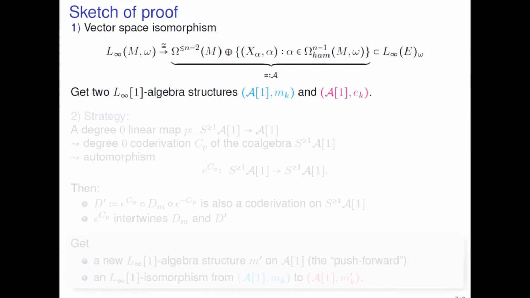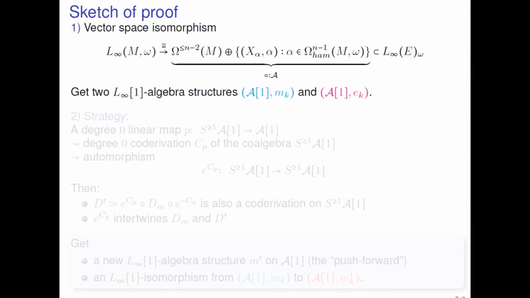There is a more or less obvious map, psi 1, that identifies my first L infinity algebra with a subspace of the second, which is actually an L infinity subalgebra. On this thing that I call A, never mind how it looks exactly, I have two L infinity algebra structures, one obtained from the observables under this linear isomorphism, and the other restricting the one of the higher Courant. So now we just have one underlying vector space on which we have to work.